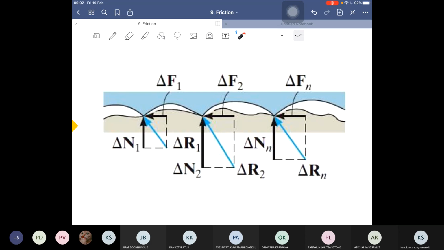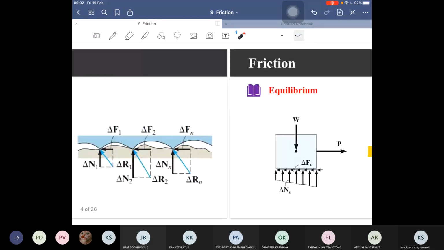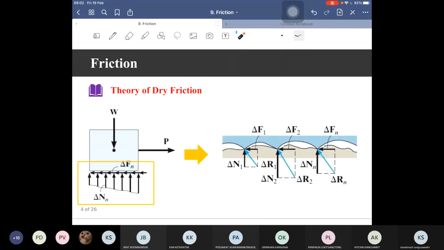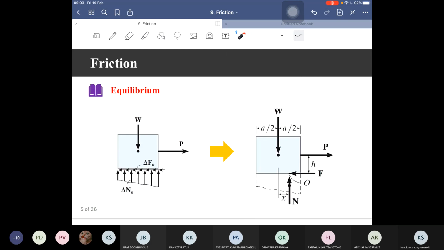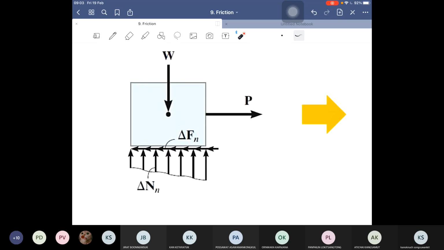So let's suppose that the resultant force between the friction and normal force is represented with delta R. Okay, and as we mentioned before, the system of this normal force can be reduced into one resultant force acting at the centroid of the body.